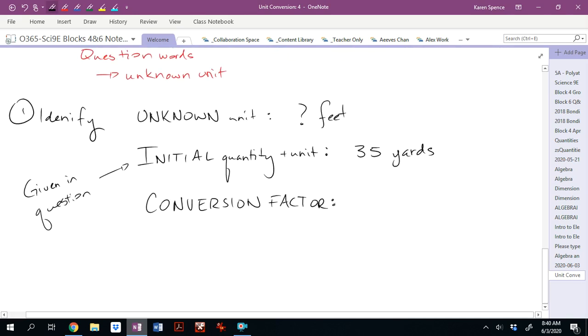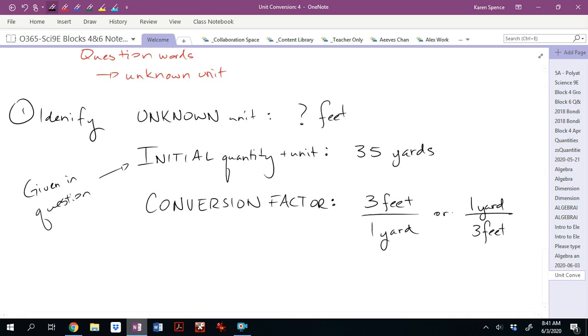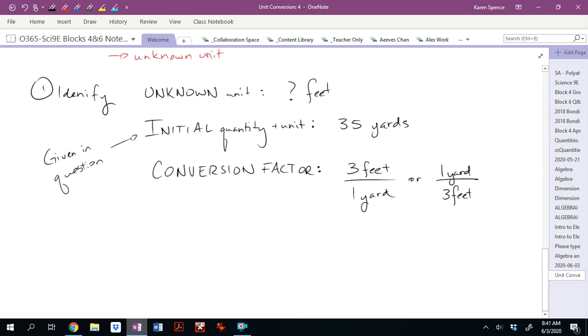So my conversion factor is that there are 3 feet per 1 yard. But I could also write that upside down: there's 1 yard per 3 feet. So either of those is perfectly good. You can use either to convert, but you're only going to pick one of them to do your calculation.